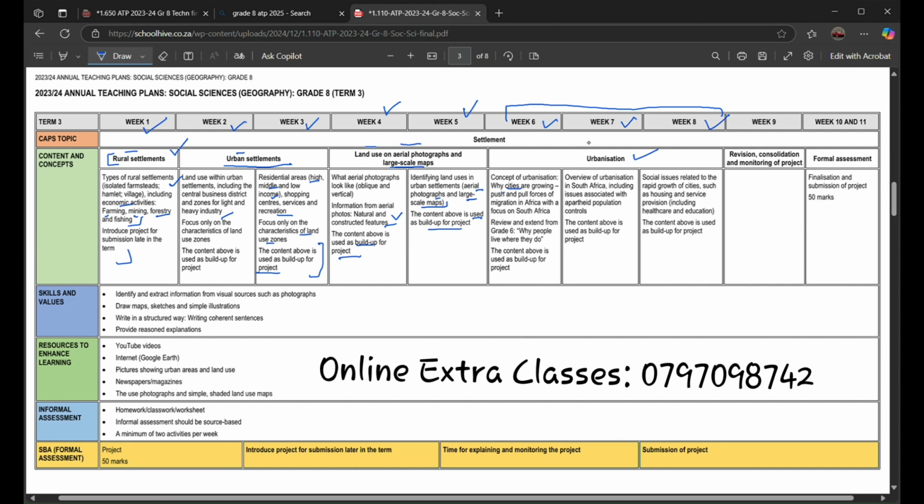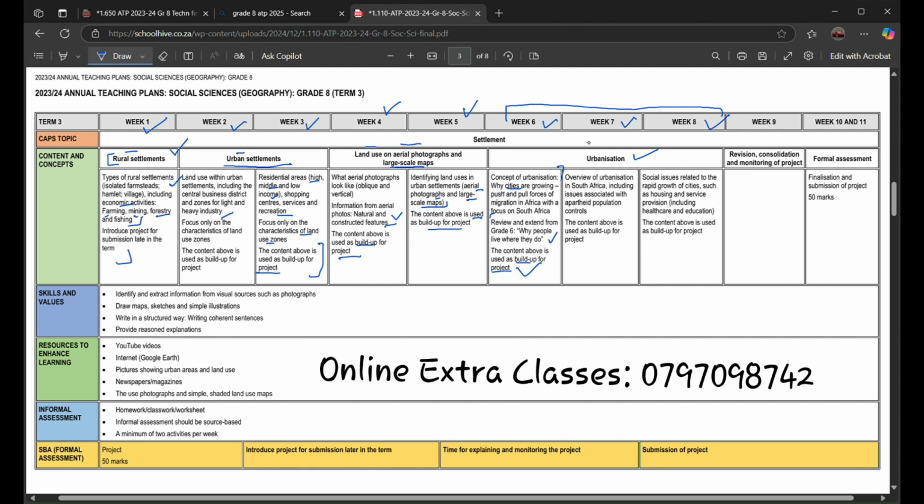Okay, and we also need to review and extend from grade 6, which is why people live where they do. This was covered back in grade 6, so we will just be extending from what you have already learned back then, which is why people live where they do. Why do we live where we live? Okay, again, after completing these components, this will also add up to the project that we will need to do.